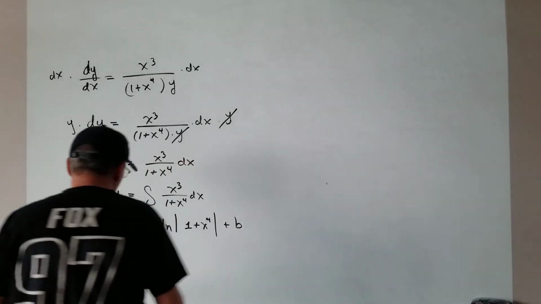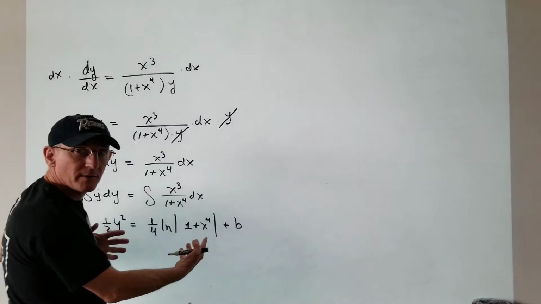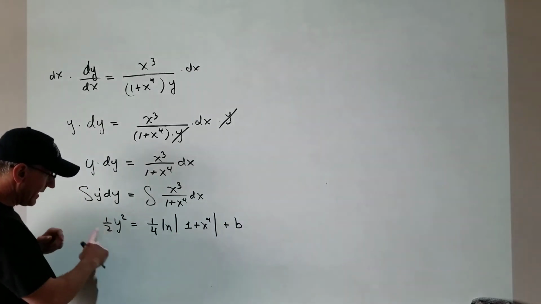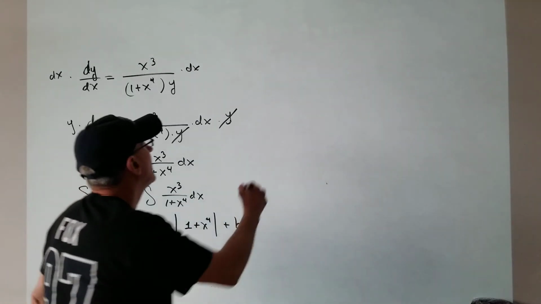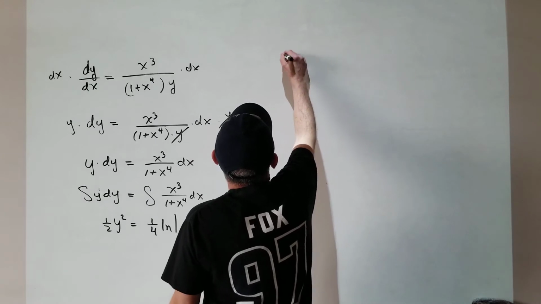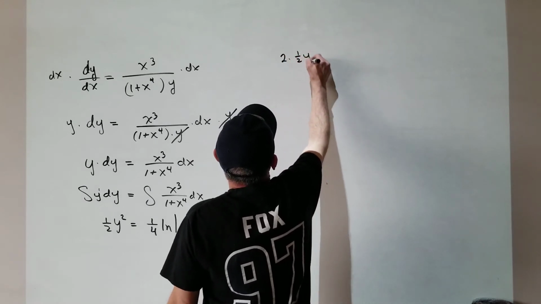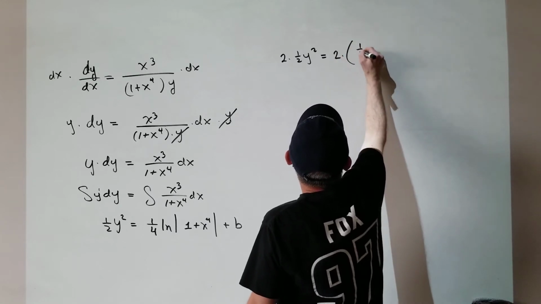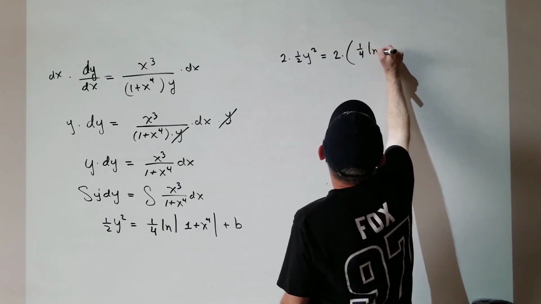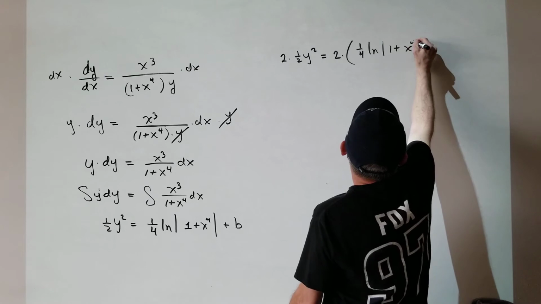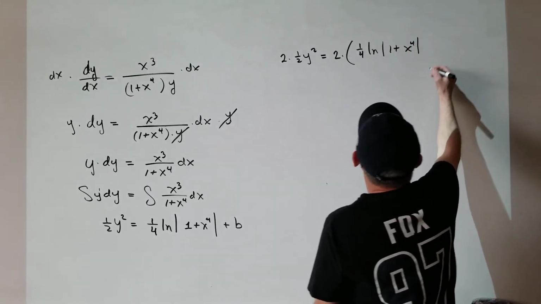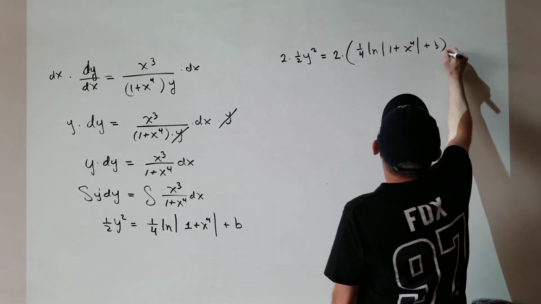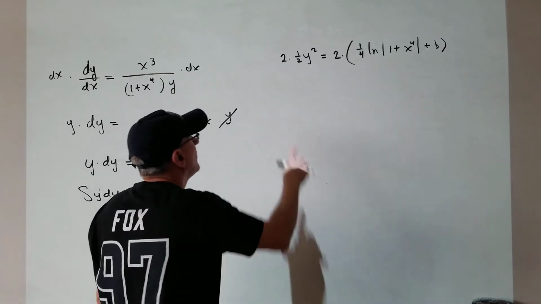The next thing to do is to multiply both sides of this equation by 2, so as to cancel the half. So that would look like this. And the whole reason was what again?